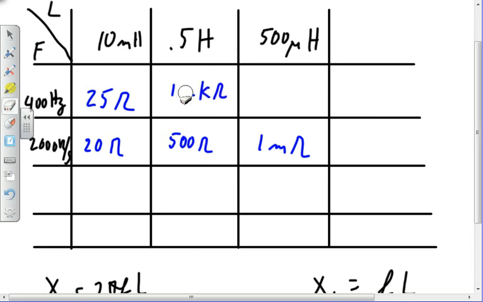Of course, we have to spell 0.2 correctly. That would be convenient. 2 times pi times 400 times 500 E minus X. Boom. 1.2 ohms. Yeah, I guess that's right. All right, well, we're done with that one.